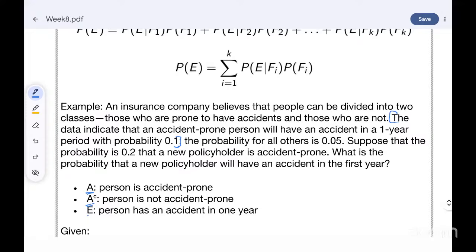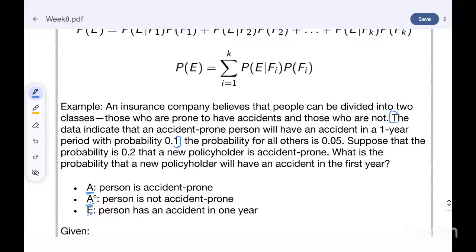So what is this line saying? What is this 0.1 representing? What probability is it representing? Probability of accident of that person in 1 year. Yeah. So you have A, A complement, E. Can you use these events to explain it?